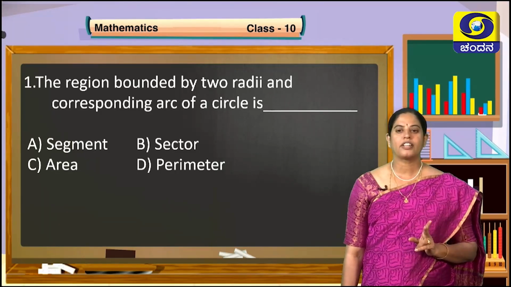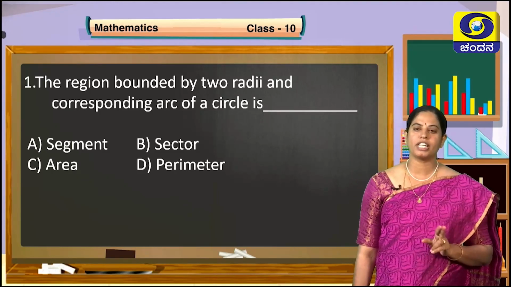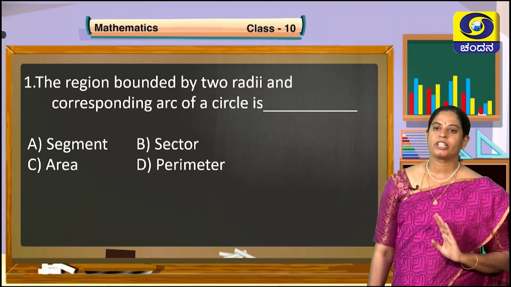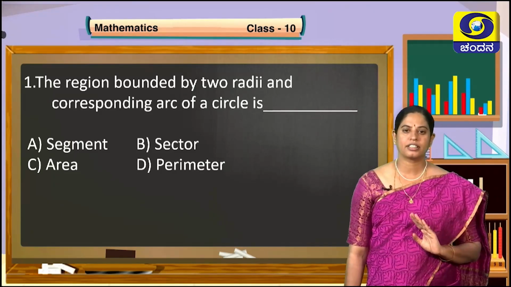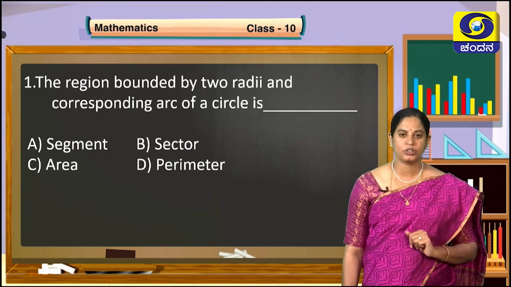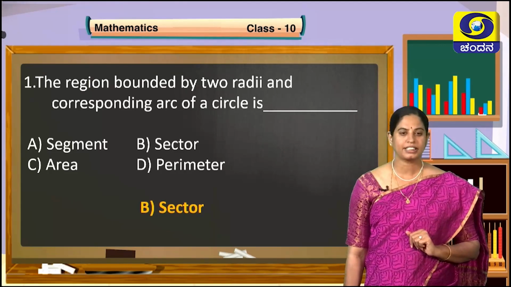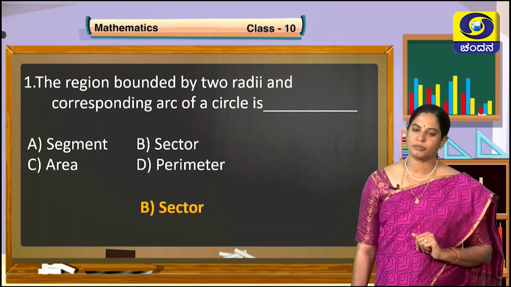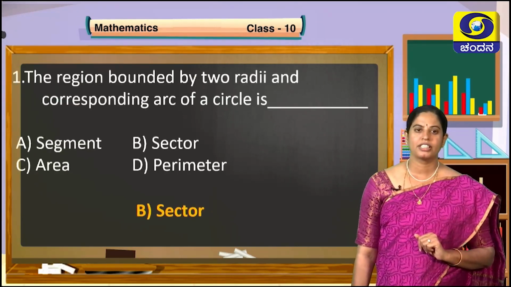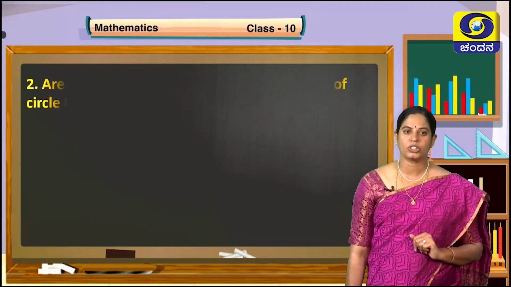You are confused with option A and option B. If you read the question properly, you get the answer clearly, children. Yes, you are right. It is sector. Sector is the part of the circle bounded by two radii and corresponding arc. You are right, children. So, moving to the second question.